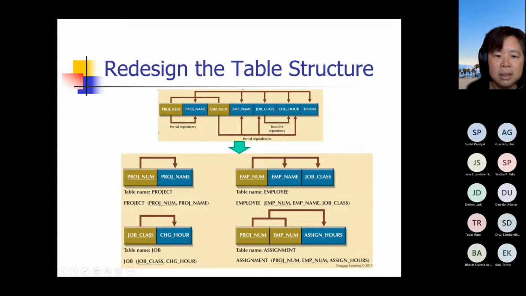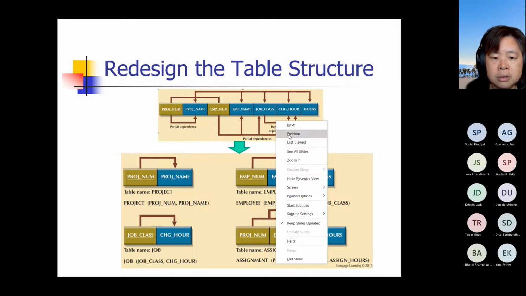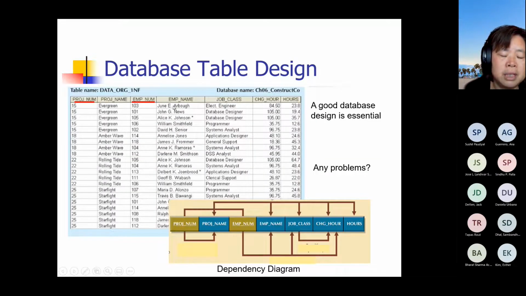Okay, thank you. And actually, we can also improve this design. So what do you think? Is there any more improvement we can make? Say, for example, for employee name, right now we put the employee first name and last name together in one attribute. But say you want to search all employees whose last name is whatever. It's difficult, right?